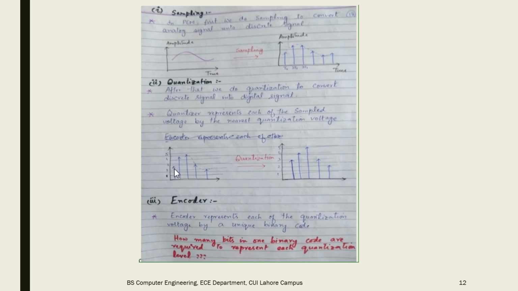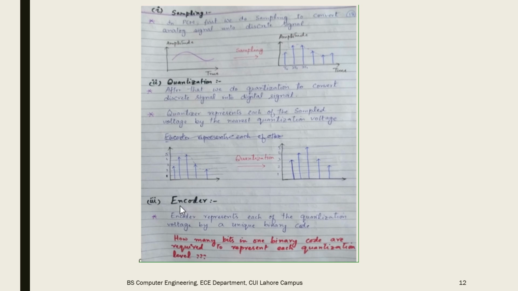This decision is based on the quantization error. So we move the amplitude of each sample in such a way that we can minimize the quantization error. 2.6 is closer to level 3 as compared to level 2, so we will round it up to level 3. In this way, although quantization error is introduced, the amplitude of all samples is discretized. In this way we are performing quantization.